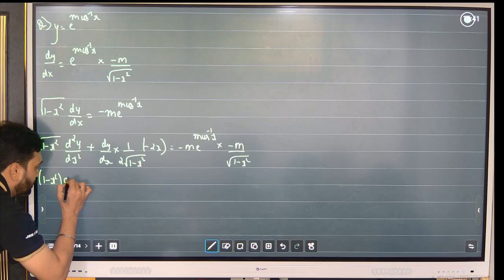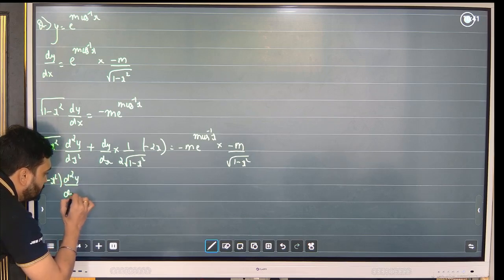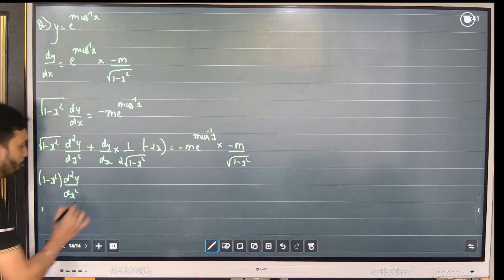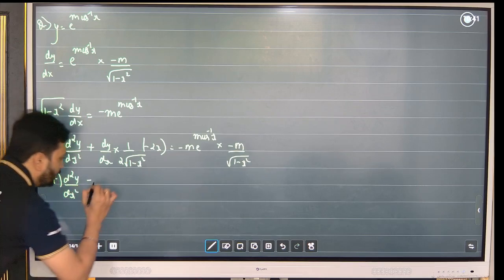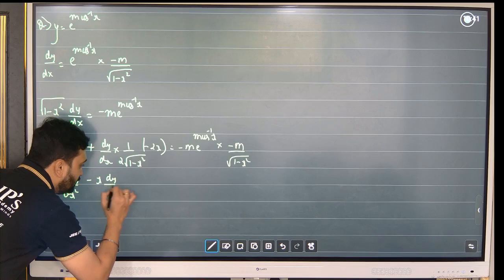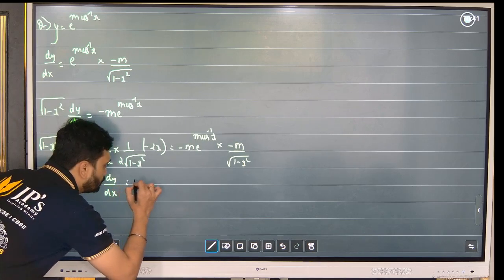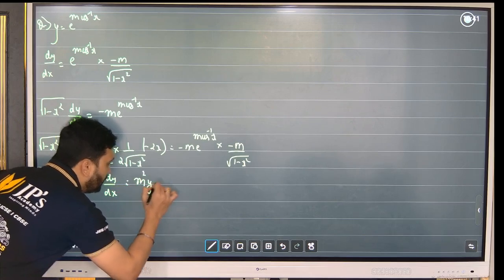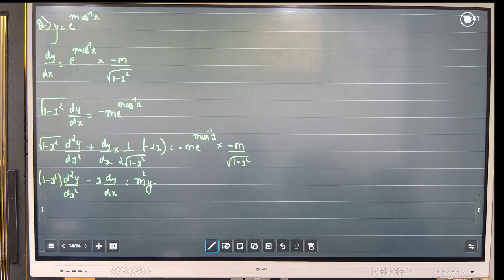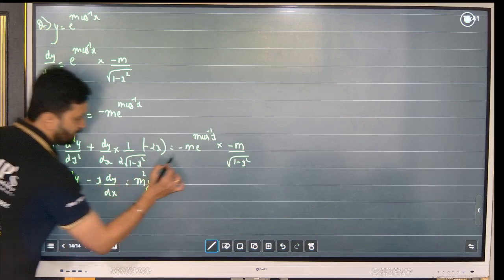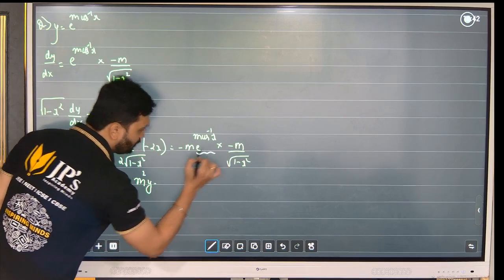1 minus x square d square y by dx square minus x dy by dx is equal to m square y, because this is nothing but what?